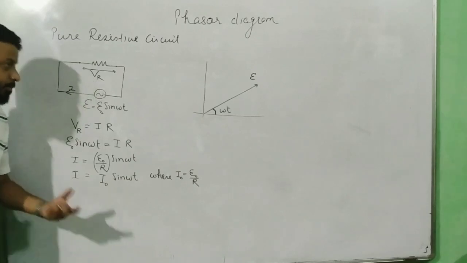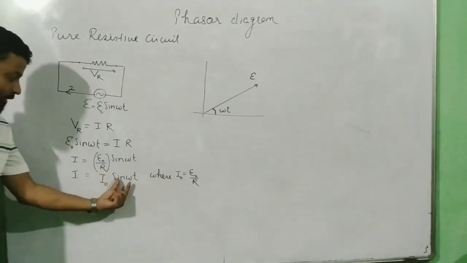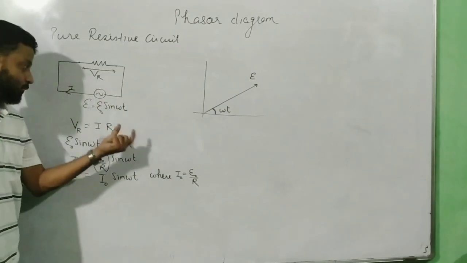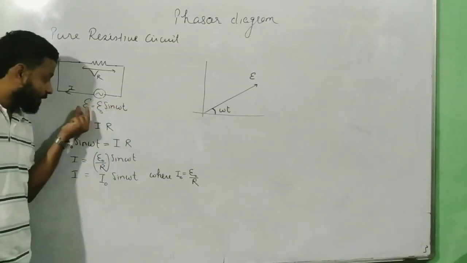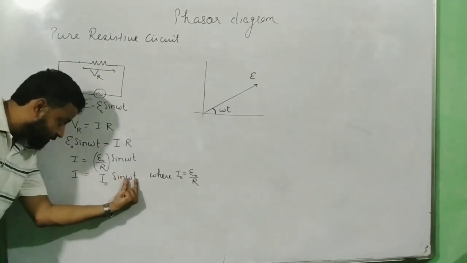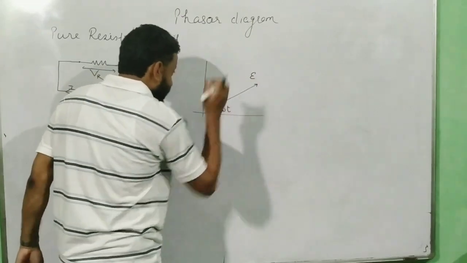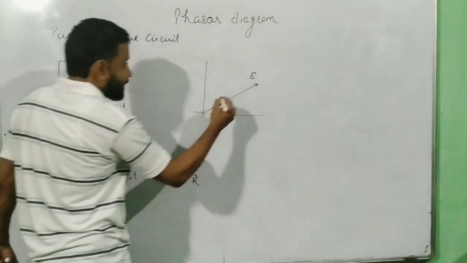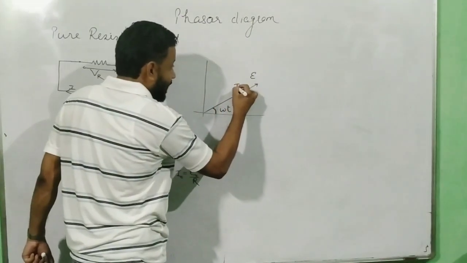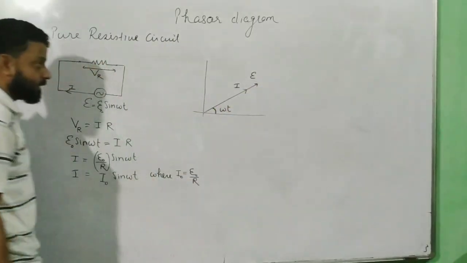It's obvious, correct? But things will change in the later duration. So right now just understand my wordings over here. When the EMF has a phase of omega t, the current also has a phase of omega t. So if I consider that this is my EMF E, then let us say that I consider this as my current I with the same phase. So I and E both are in the same phase.